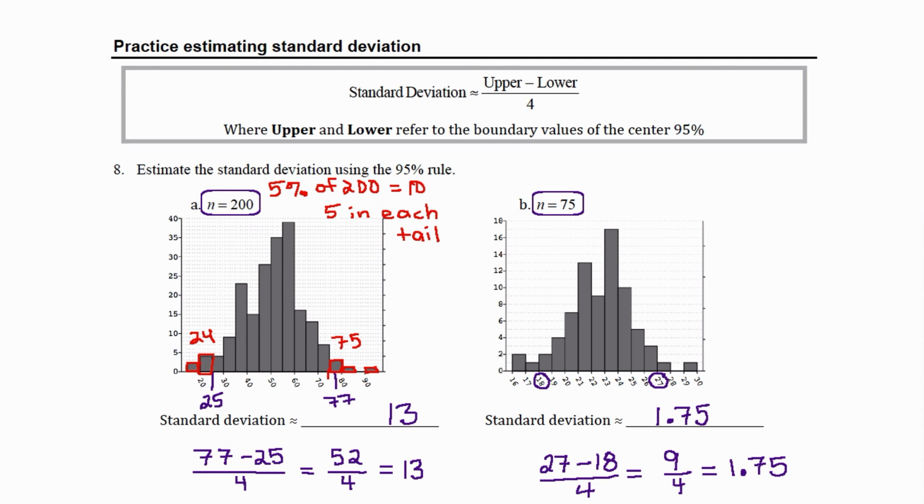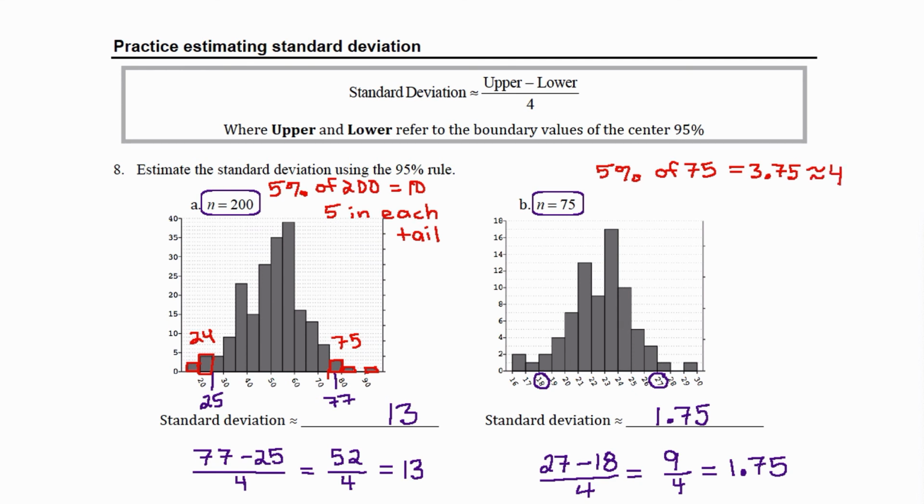For n equals 75 over here, we want to calculate 5% of 75. Which is 3.75, which is pretty close to 4.